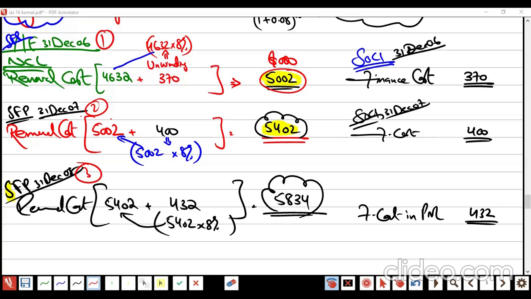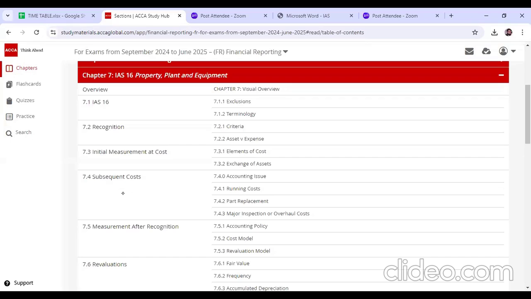Now, your assignment: you will go through all the questions which we did till now. Before we move forward, I just opened up the study hub. You will log in, you will find all the things. This is one of my hubs, so I just opened it in front of you.